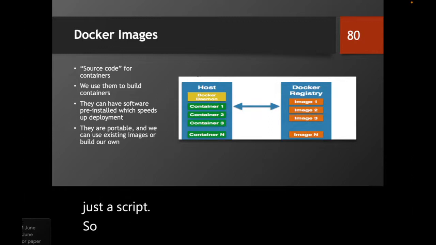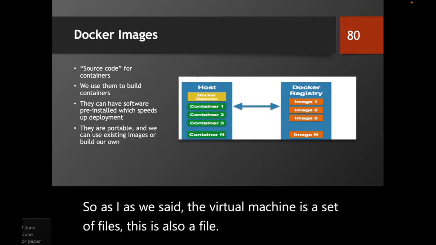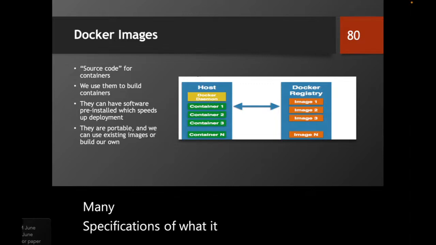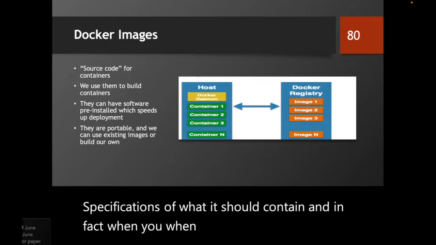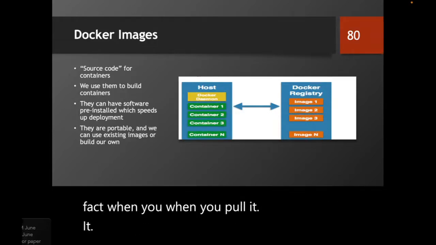As we said, the virtual machine is a set of files. This is also a file with many specifications of what it should contain. And in fact, when you pull it, it materializes all the things that are said that should be there.